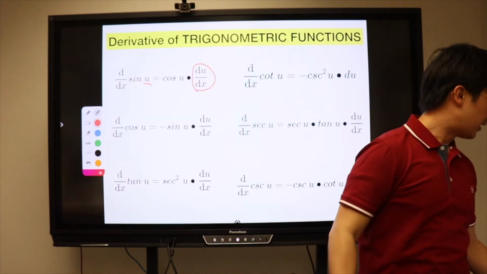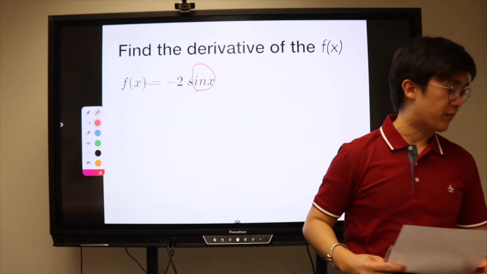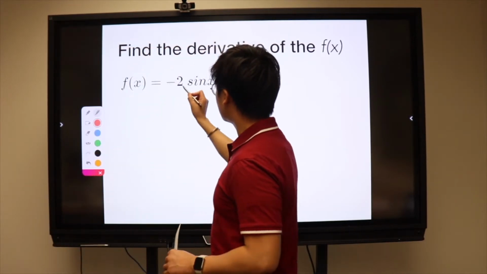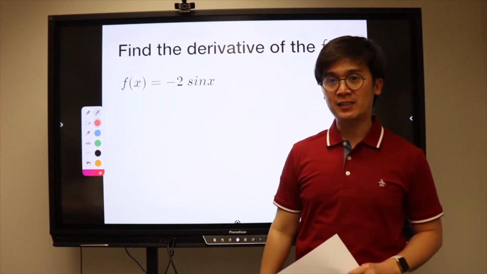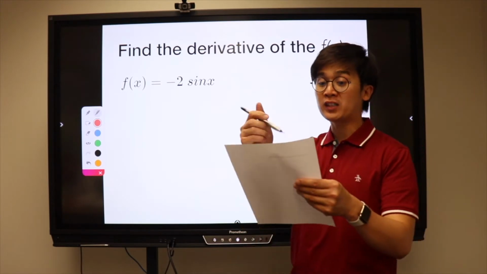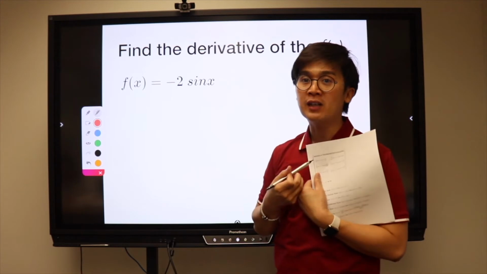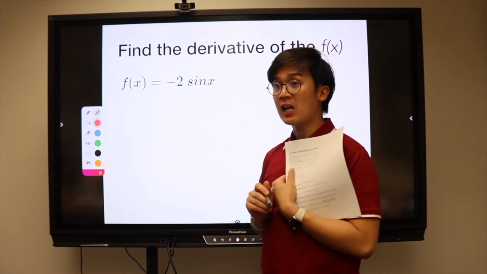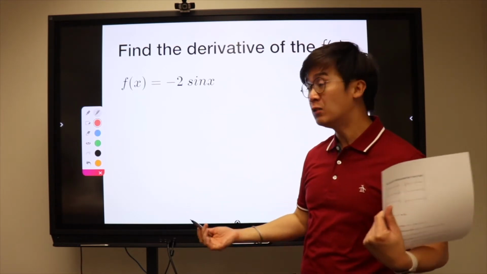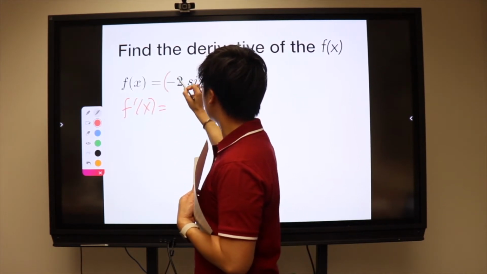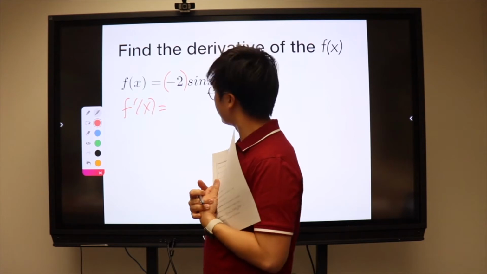Okay, so this is our formula, and we're going to start with this. The f of x is negative 2 sine x. And which derivative formula are we going to use to find the derivative of this function? Obviously, the d dx of sine x. So if we're going to rewrite this, f prime of x is equal to, is this a constant?